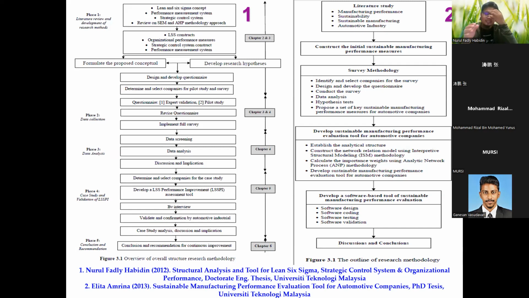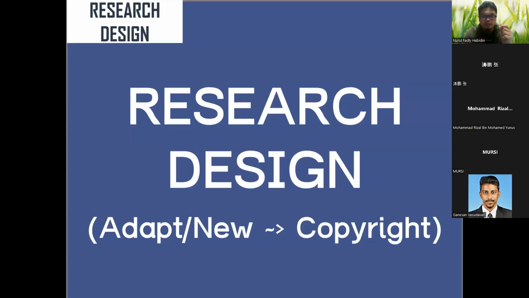So this is another example of producing the research design, represented phase by phase, chapter by chapter. You can see figure 3.1, an overview of the overall structure of the research design of their research methodology.